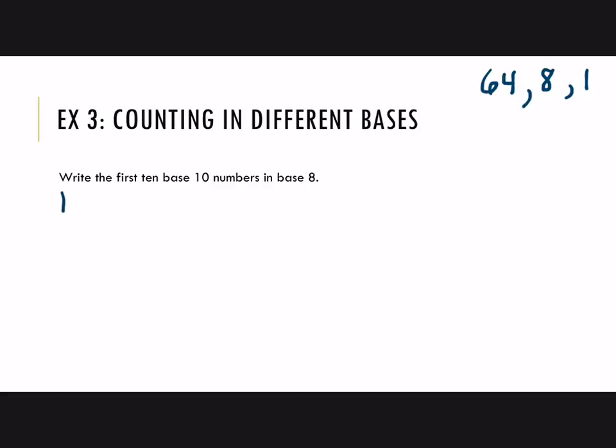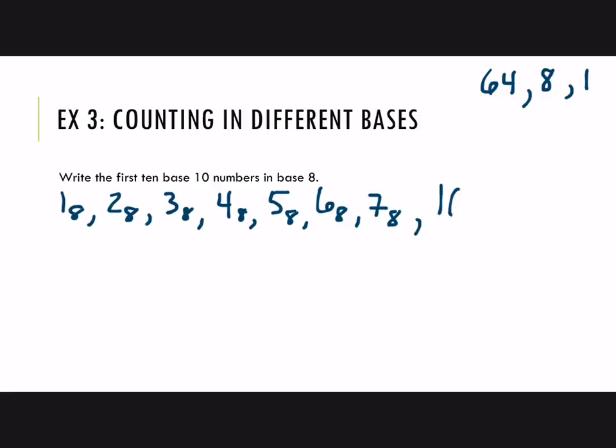Okay, so we have 1, 2, I'll put the subscripts. Okay, 1 base 8, 2 base 8, 3 base 8, and I just keep going. I don't have enough yet to group and make any groups of 8. Alright, 7 base 8, but then when I get to 8, that's enough to be one group of 8 and 0 1s left over.